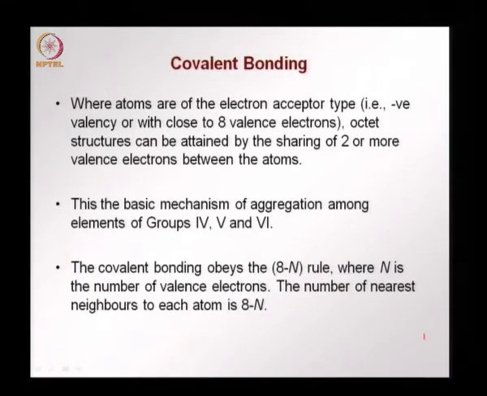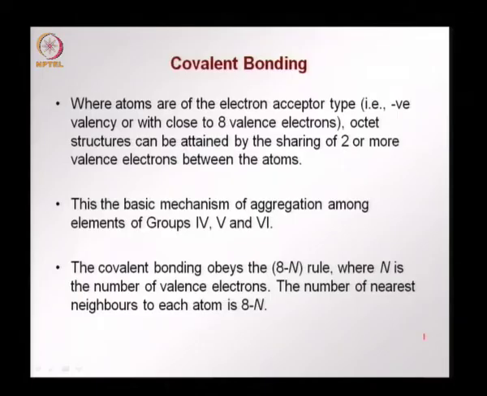Another type of strong bond is the covalent bond, where atoms are all of the electron acceptor type, that is, they have a negative valency and close to 8 valence electrons. The octet structure is attained by sharing of 2 or more valence electrons between the atoms.